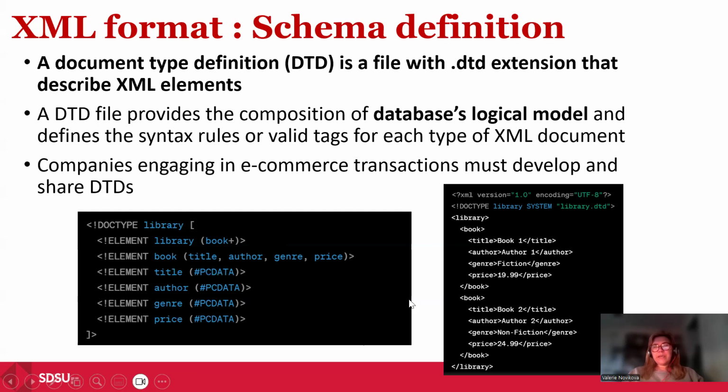And on the right, you can see the actual data stored in the document. So, for example, here you have a book that has title, author, genre, and price, and then on the right, you can see that, for example, for book 1, you have author 1 and so forth, and that's one instance of the book, and then down here it's book 2, another instance of the book, and so forth.